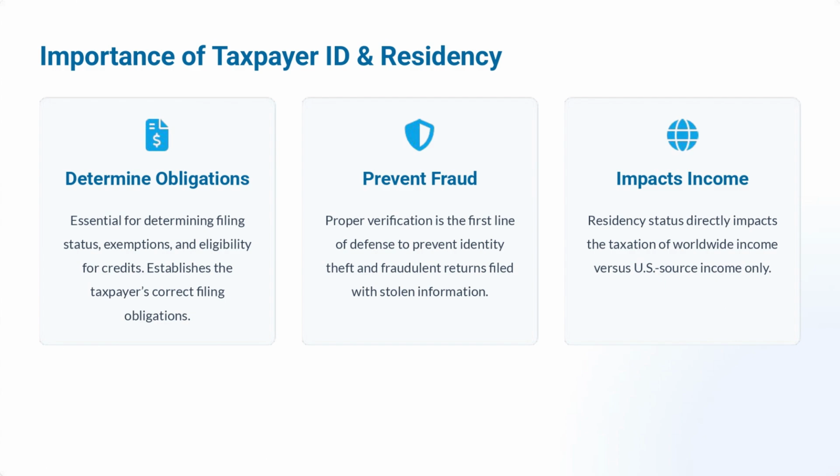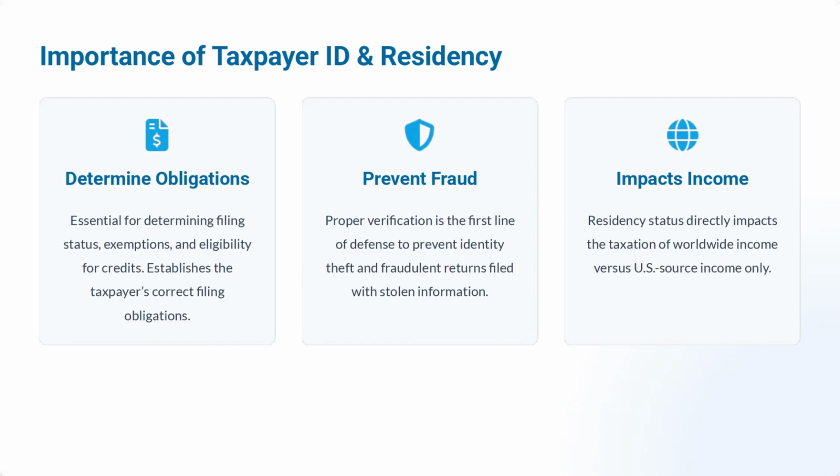A resident alien, green card holder, or SPT resident also pays tax on worldwide income. A non-resident alien pays tax only on US income and often at different rates. Dual status taxpayers follow special rules. So you can see, residency status shapes the entire tax picture.